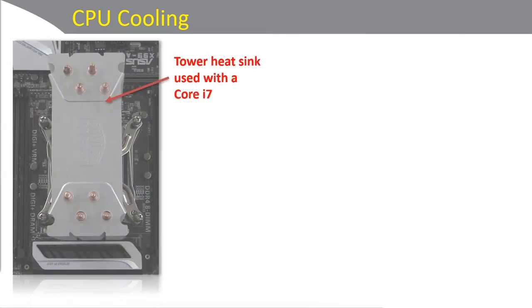Now, whether you overclock or not, the power used by the CPU and the amount of work that it does creates a lot of heat. So the need for efficient CPU cooling is paramount. Generally, what this boils down to is the use of an active heat sink, meaning one that has a powered fan attached to it.